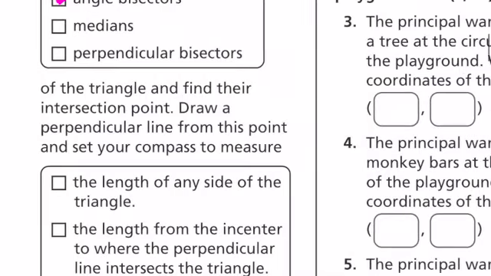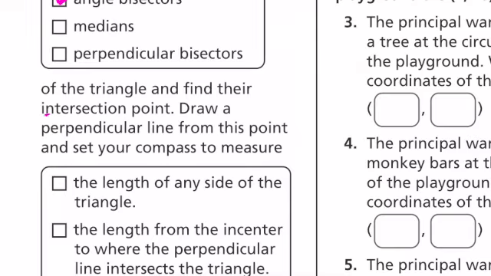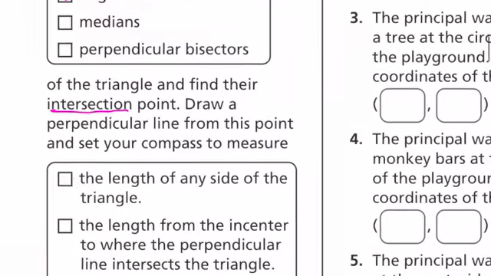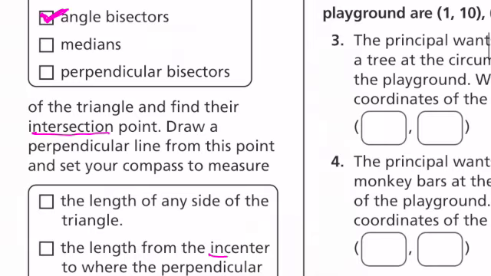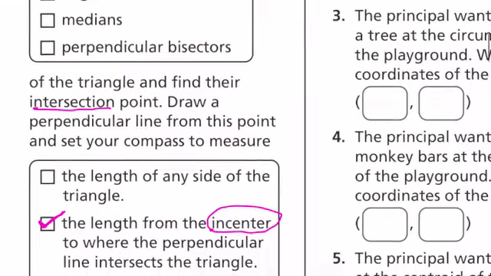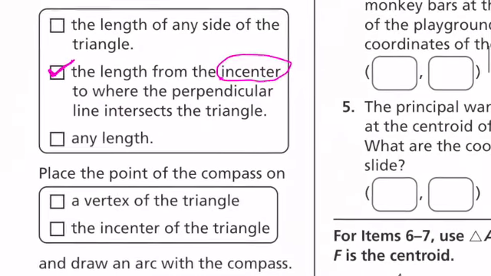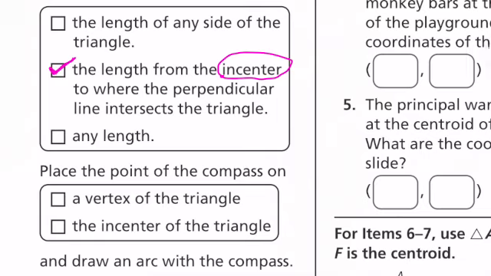So if they were to intersect, we know that the angle bisectors intersect at the incenter, right? So look here, incenter, and right here's the word incenter. So you're going to set it to be the length of the incenter. And then place the point from the incenter to the perpendicular. And then again, here's incenter. And then that would be your answer to that one.